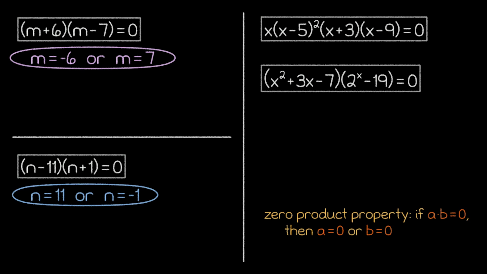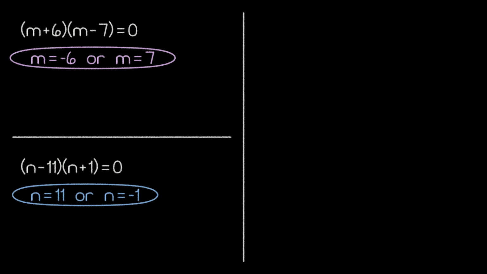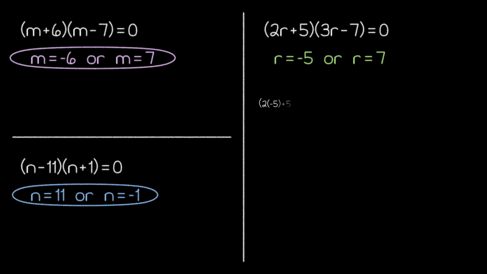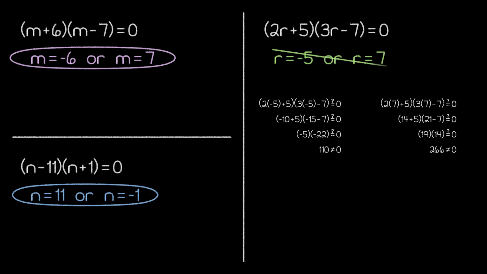In fact, we can even get more complex cases when dealing with quadratics. Take this problem. Once we introduce linear coefficients other than 1 in our factors, our trick doesn't work anymore. If we guess that the solutions are -5 and +7, we'll see when we check our work that neither of those answers is correct.